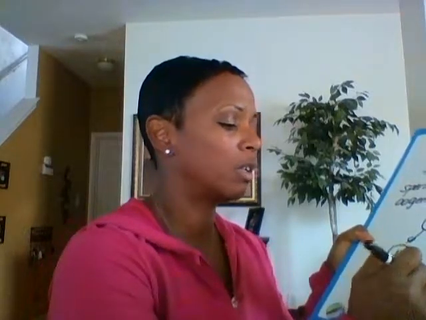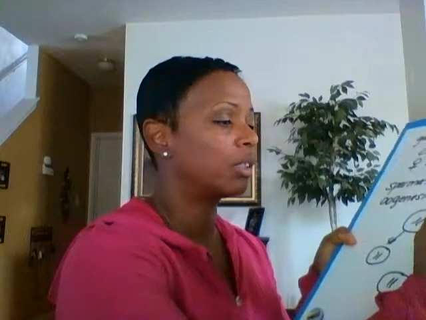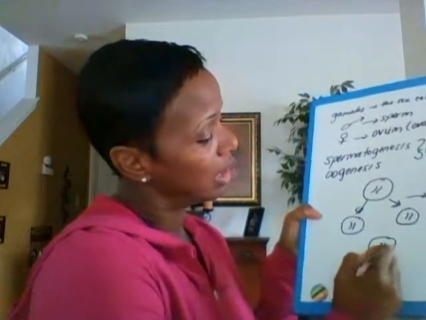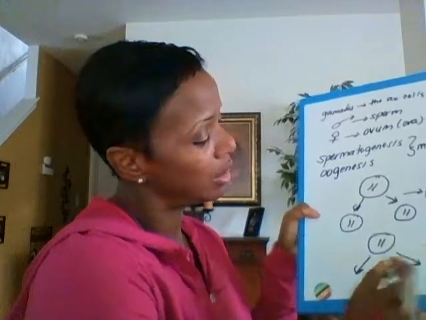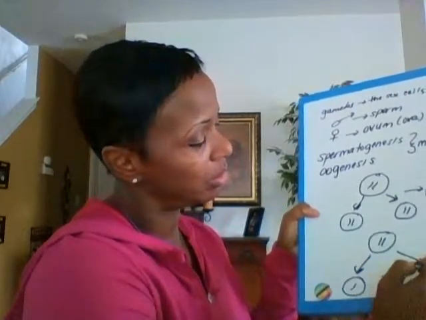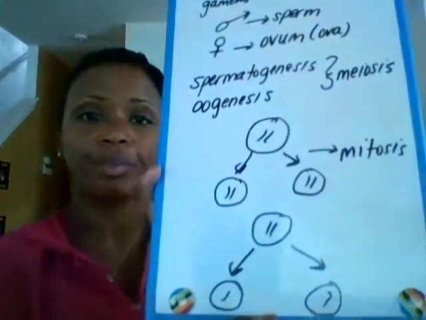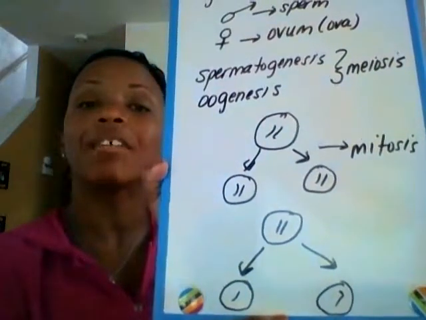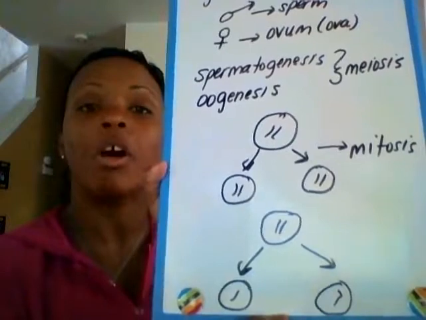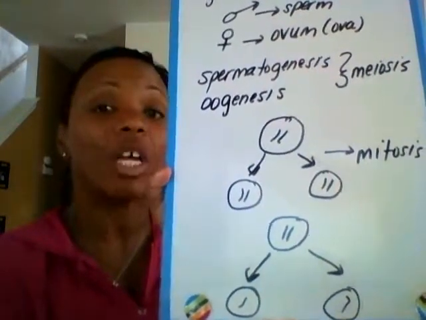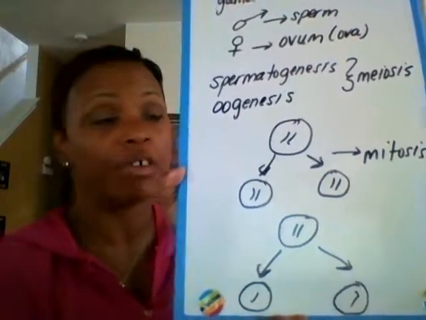In meiosis, the end product is different. Let me just indicate this is mitosis. The end product, meiosis, is different. You will note that instead of having the same number of chromosomes as the original parent cell, they actually have half the number of chromosomes.